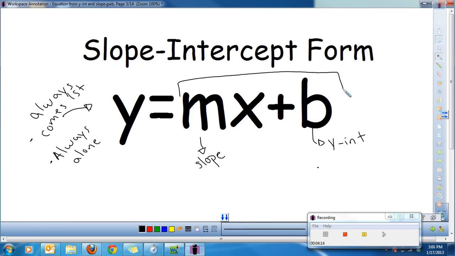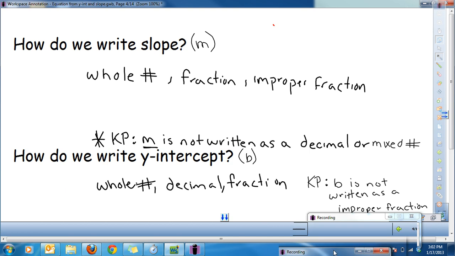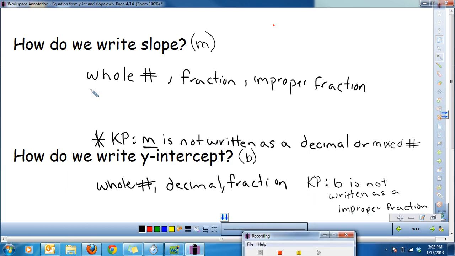This mx + b is always going to be on the right side, and it will be together like mx + b if we are in slope-intercept form. Alright, this is not written down for you, so take a minute and write this down, and then I'll explain what it means.